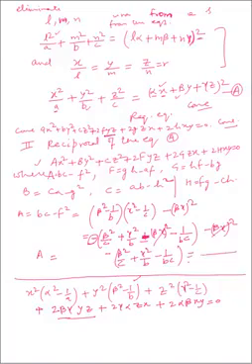LCM is BC. We multiply it by a, so a here, minus sign is there, and b beta square plus c gamma square minus 1. And if we want to write a alpha square, we will multiply it by alpha square.